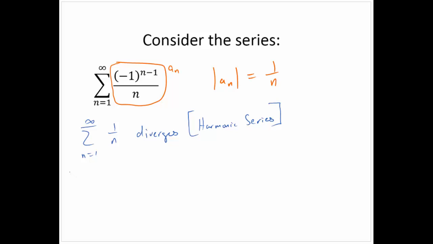But, okay, so what does that say? Since sigma 1 over n diverges, but sigma n equals 1 to infinity of negative 1 to the n minus 1 over n, the original series, converges. We used the alternating series test. We showed that in the previous section.